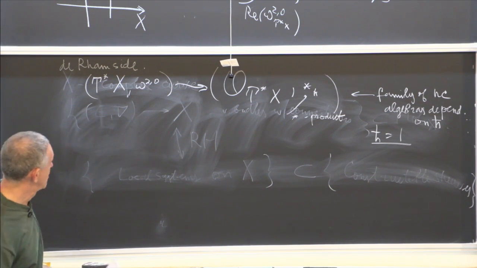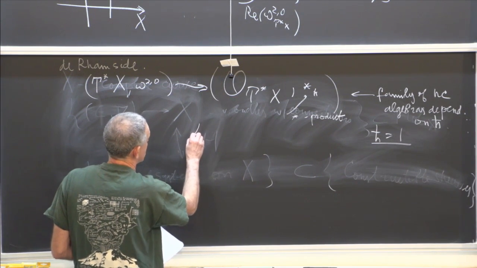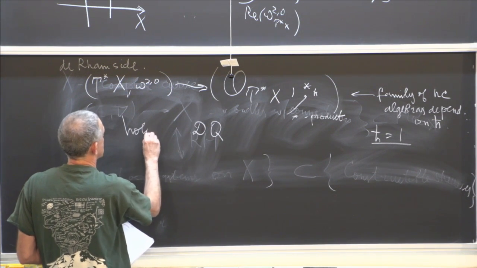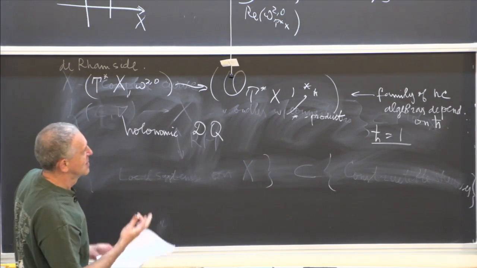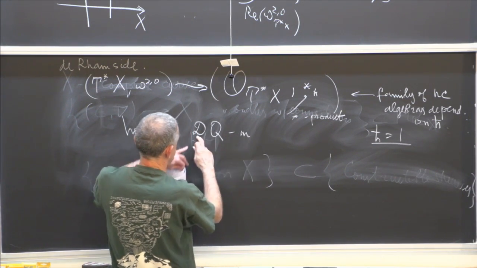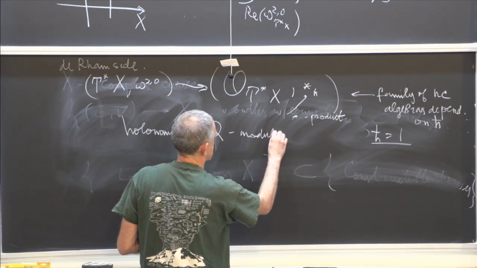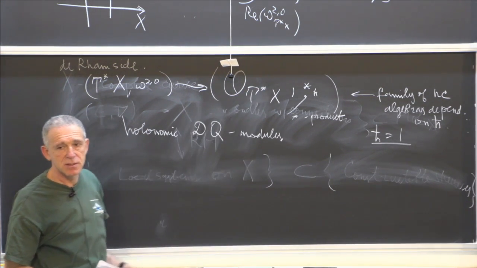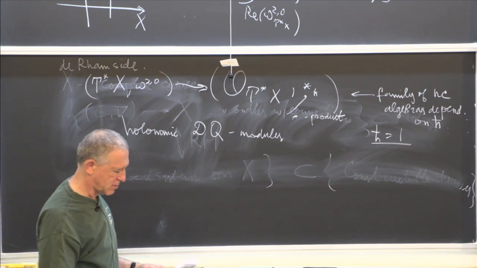But anyway, the message is that on the Betti side we have the Fukaya category, and on the de Rham side we have holonomic, at least from this point of view, holonomic DQ modules. DQ stands for deformation quantization, which means modules over the quantized algebra of functions on some symplectic manifold.